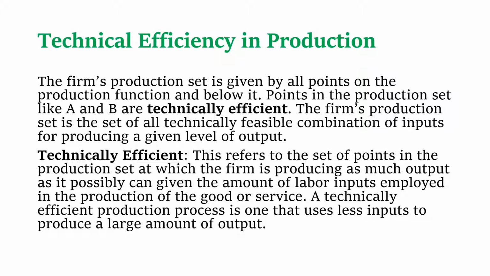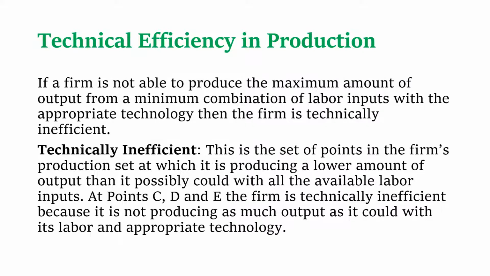It's not producing the amount that it could produce because it has the ability to produce at point A, but because it doesn't produce at point A, we say it's technically inefficient. So we see all the points C, D, and E say the farm is technically inefficient because it is not producing as much output as it could, given labor and appropriate technology.